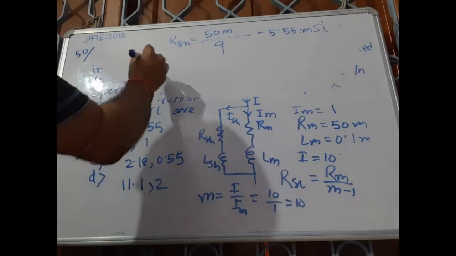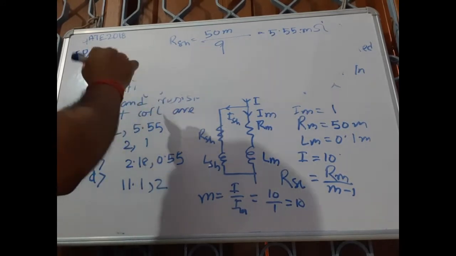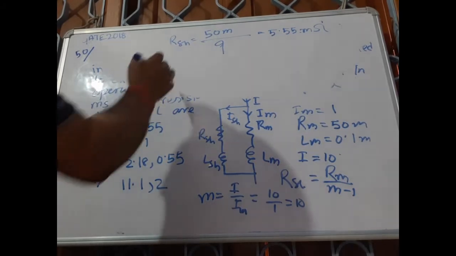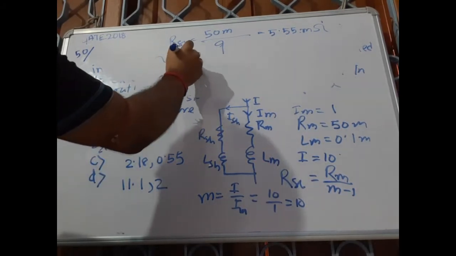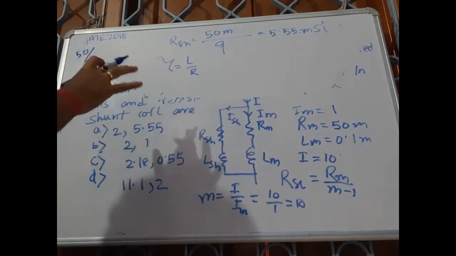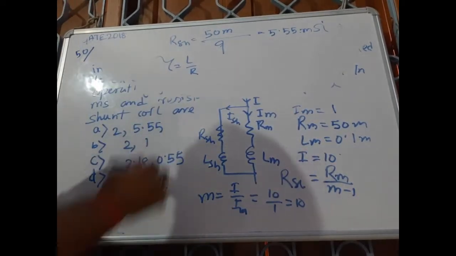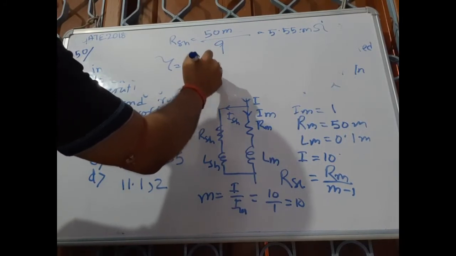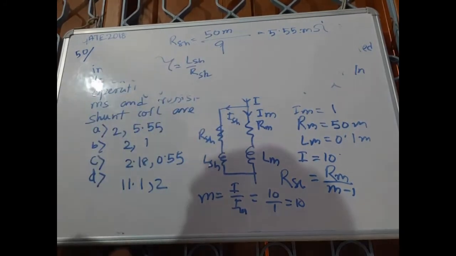Okay, now I have to find the time constant, right? Now we know that for an RL series circuit, the time constant tau is equal to L by R. Now we have to determine the time constant of the shunt branch, so this will be Lsh divided by Rsh.